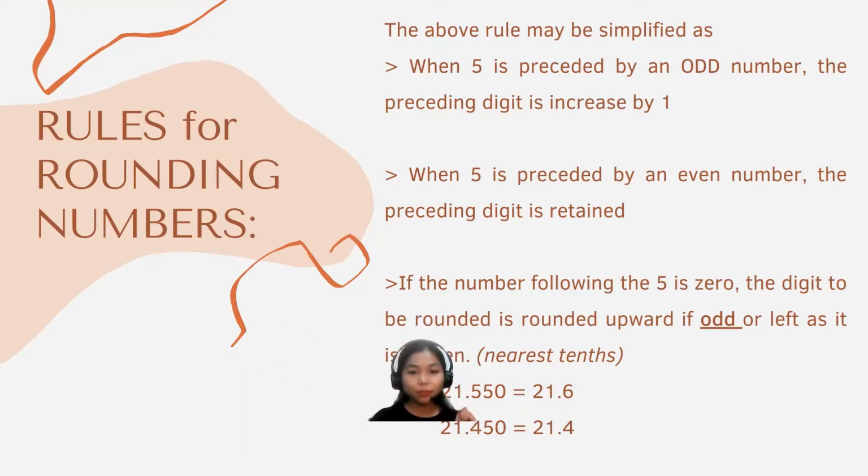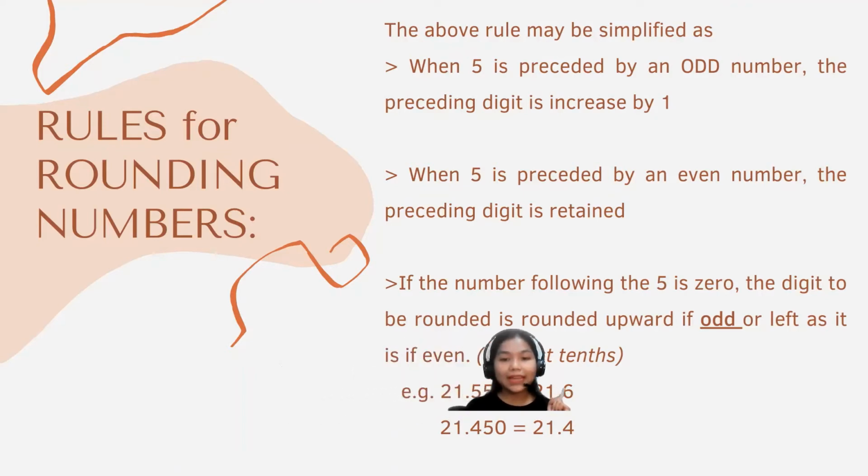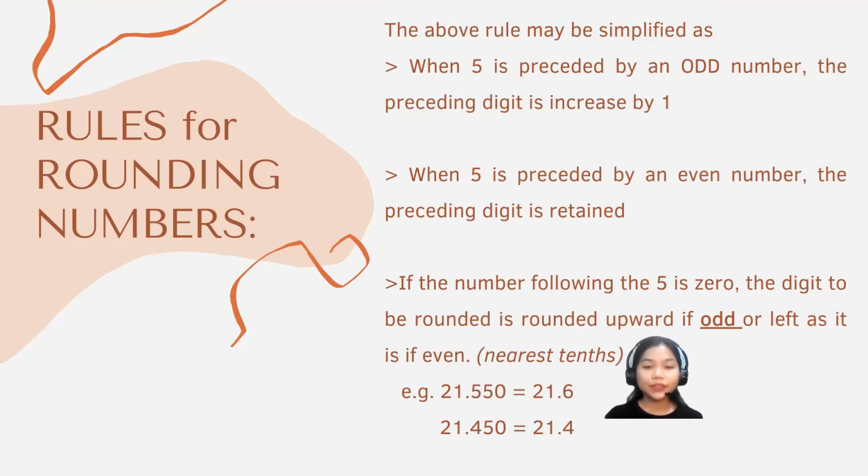But for this one, because the place value is tenths, it's 1 over 10. So we need to follow the place values. So adding 1 to make it 21.6. So 21.550 when rounded off to the nearest tenths will give us 21.6 as the correct answer.